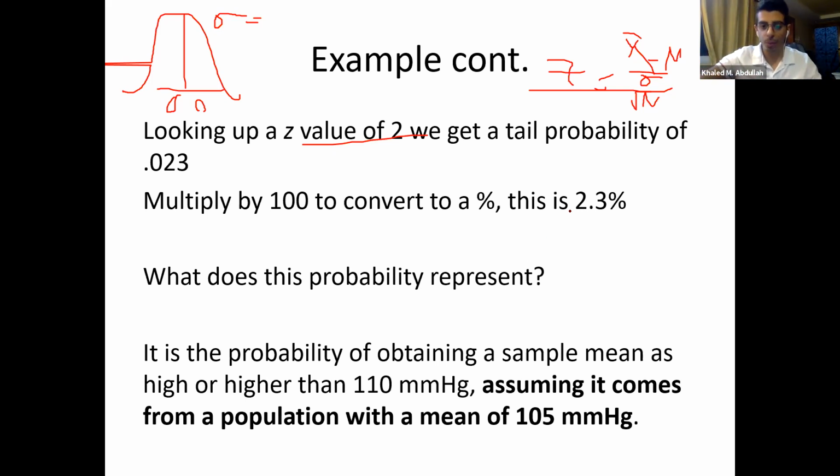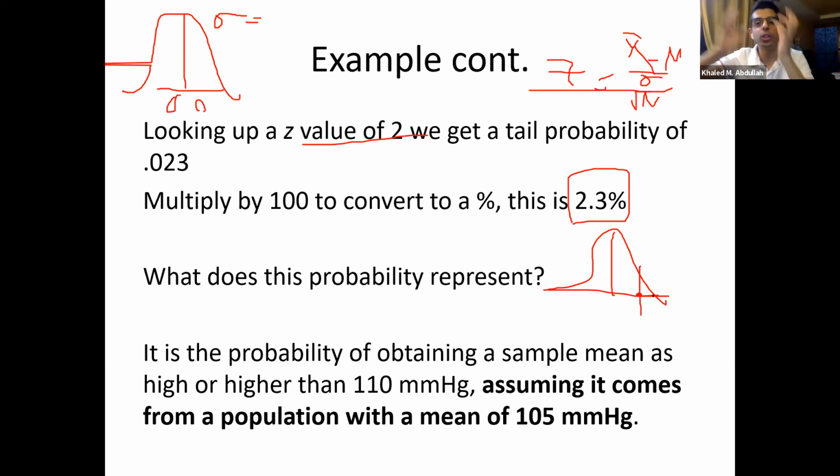So what does this 2.3% mean? It means that in this population, there was a 2.3% chance of getting that sample mean or beyond that mean. Since that chance was so little, we're going to assume that these come from different populations.